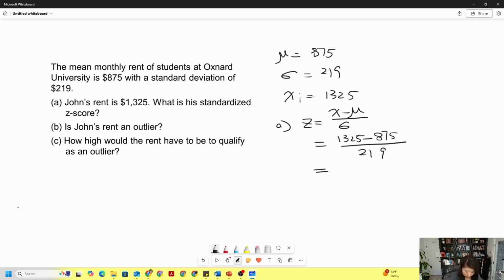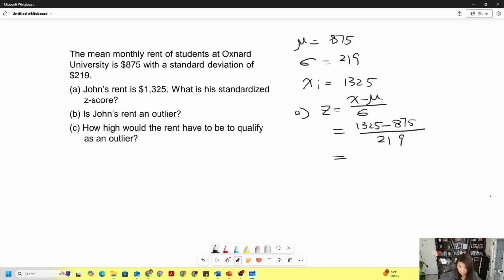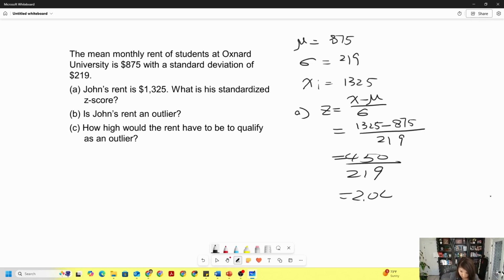Let me use my calculator very quickly. 1,325 minus 875, so the numerator gave me the value of 450. Then 450 divided by 129 gives me 3.488.